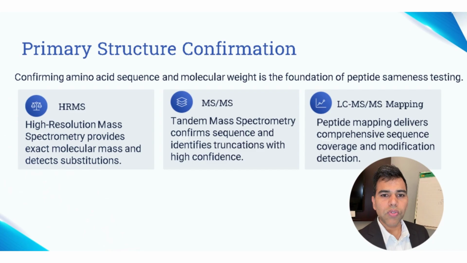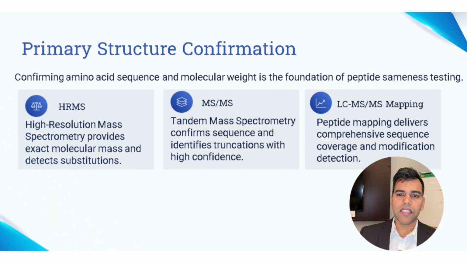The workhorse for this is high resolution mass spectrometry, HRMS. It gives you exact molecular mass to a level of precision that leaves very little room for ambiguity. If there is an amino acid substitution, even a conservative one, HRMS will catch it.